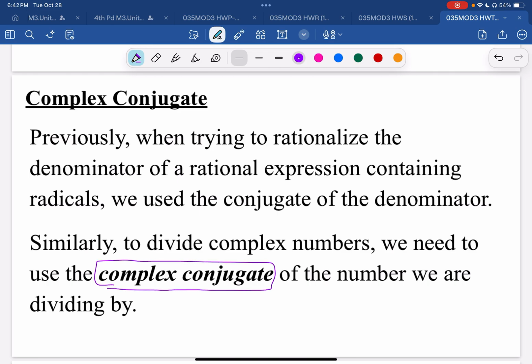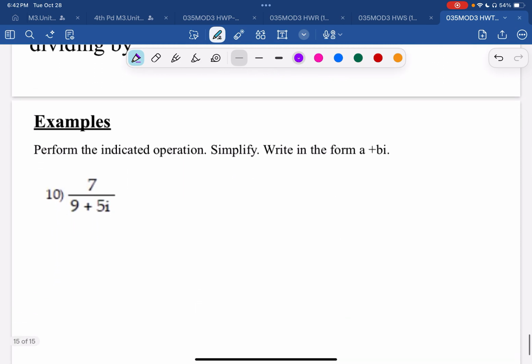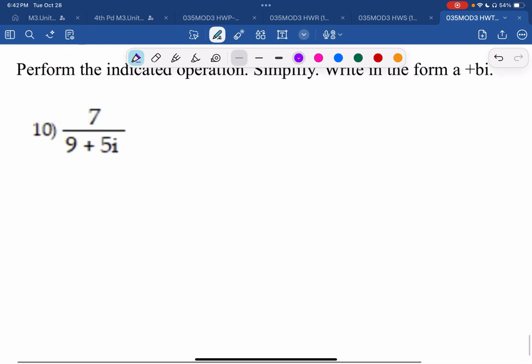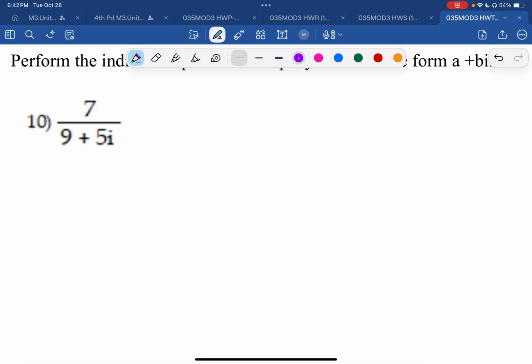For example, if we wanted to divide 7 by 9 plus 5i, we are simply going to multiply by the conjugate. That means I'm going to multiply by 9 minus 5i, numerator and denominator, just like we did with radicals.